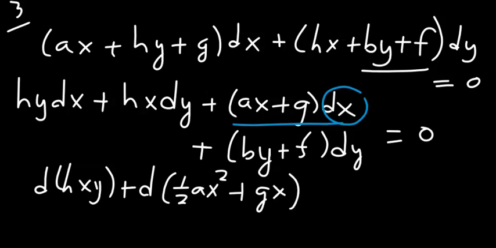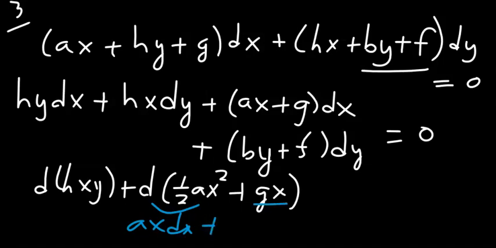We can easily check that this line gives you that line by realizing that the differential of half a x squared is just ax dx, and likewise the differential of gx is just g dx, which is exactly what we have there. Likewise, this term can also be written as an exact differential in the following way.